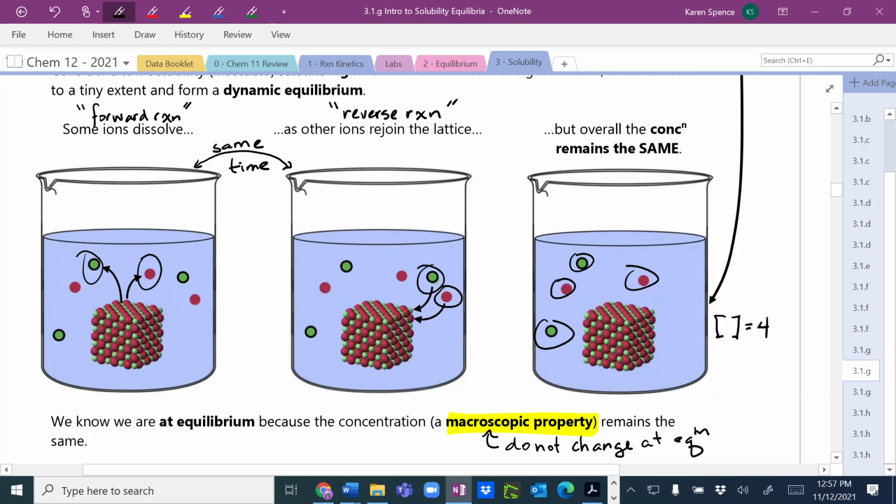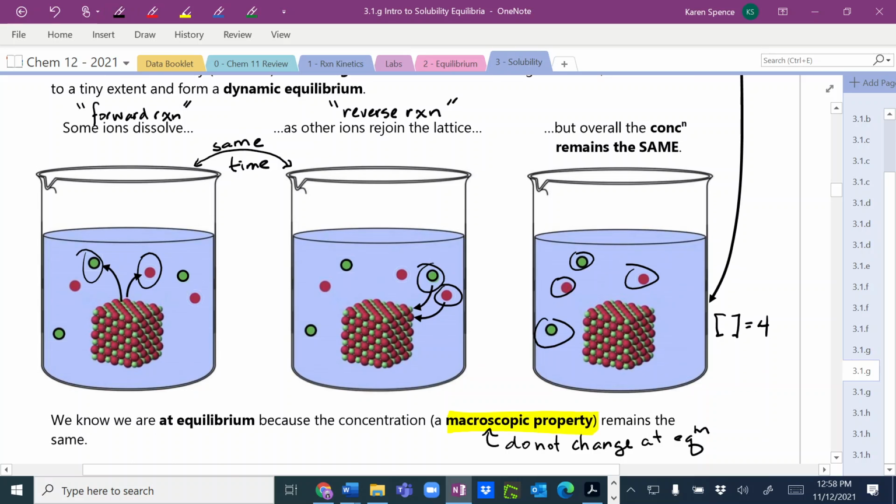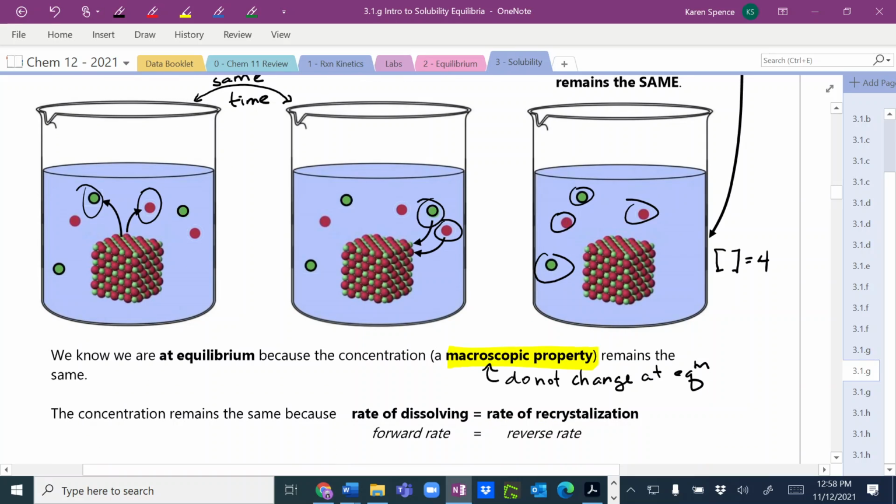So that's why our concentration remains constant. And it remains constant because the rate of dissolving equals the rate of recrystallization. The forward rate equals the reverse rate.